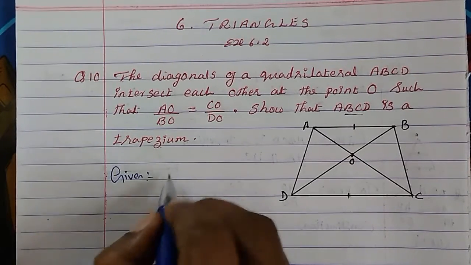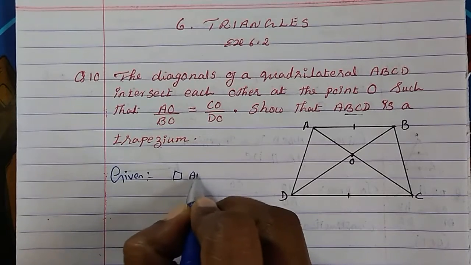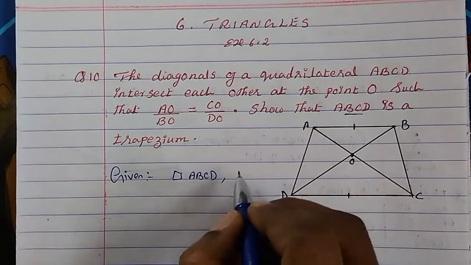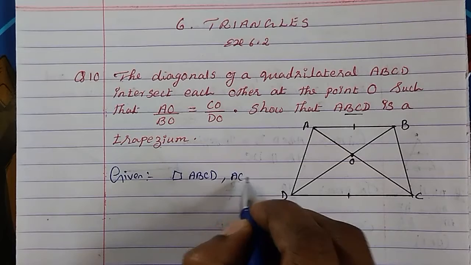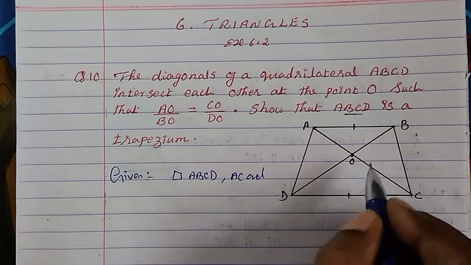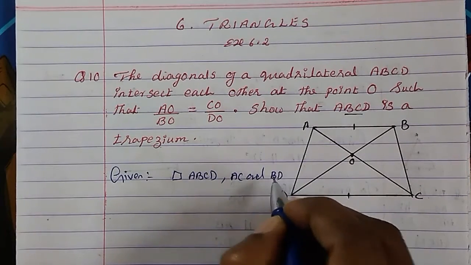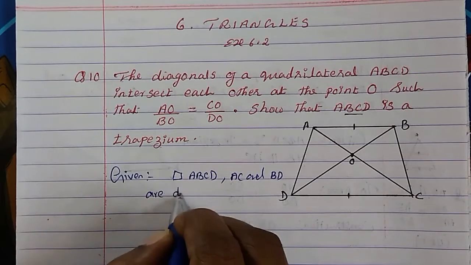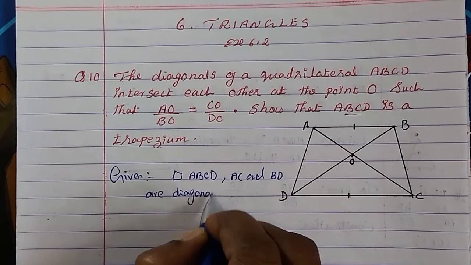So what is given? Quadrilateral ABCD, in that AC and BD are diagonals.